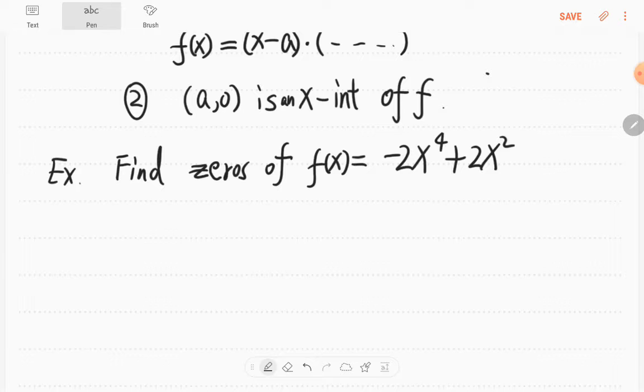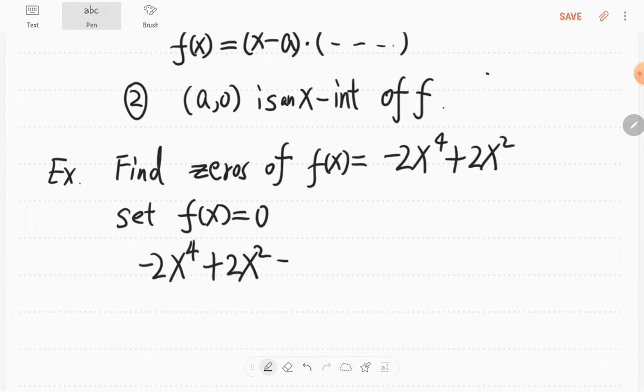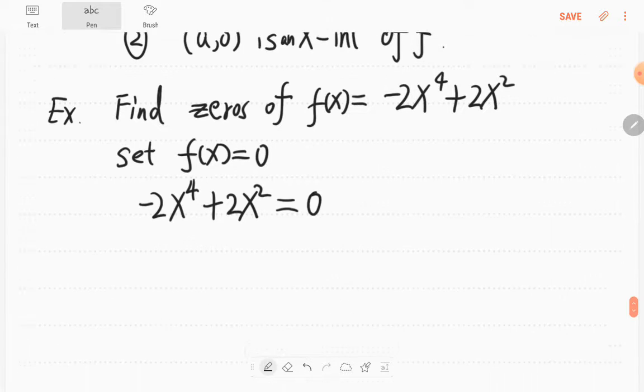Okay, so how to find it? We just set f of x equals 0. So that means negative 2x to the fourth plus 2x squared equals 0. We solve this equation for x.